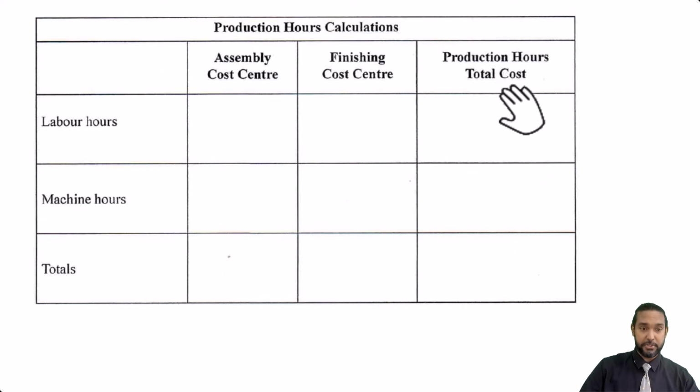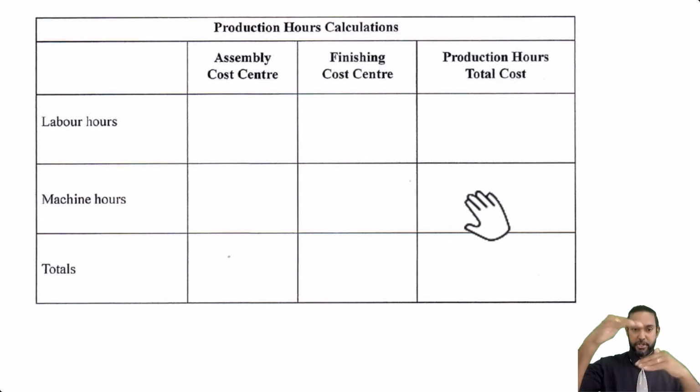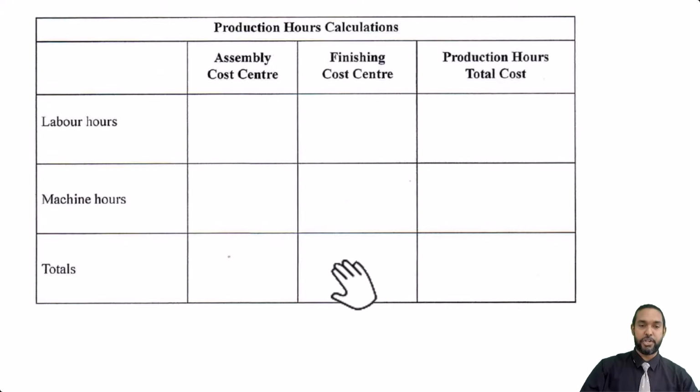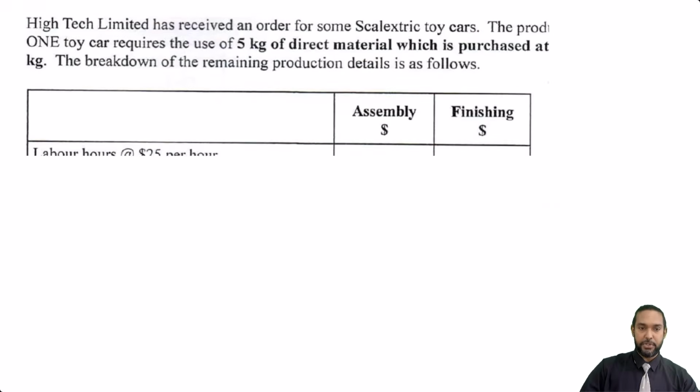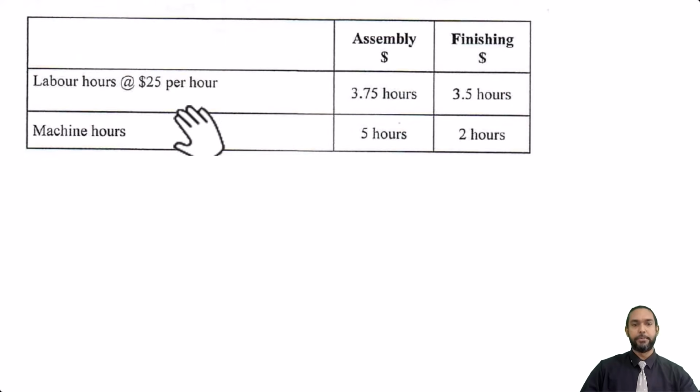Oh, this is total for assembly, total for finishing, total for labor, total for machine hours. So it's a kind of matrix grid structure, right? With a bit of a cross check, because if you add across or you add down, you're supposed to get the same figure here, right? So let me just pull up my information here and go back up to the information that we would need. Okay, here we go.